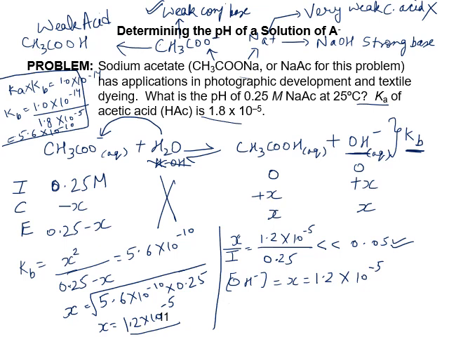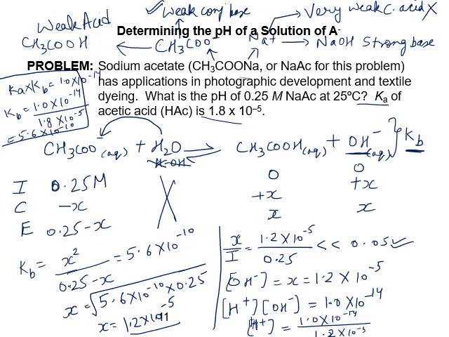Or you can do this: H ion concentration multiplied by OH ion concentration is 1.0 times 10 raised to the power minus 14, which means H ion concentration, because I want pH, so I need H, is going to be 1.0 times 10 raised to the minus 14 divided by OH, which is 1.2 times 10 raised to the minus 5, which gives me my H ion concentration as 8.3 times 10 raised to the power minus 10. This is H ion.